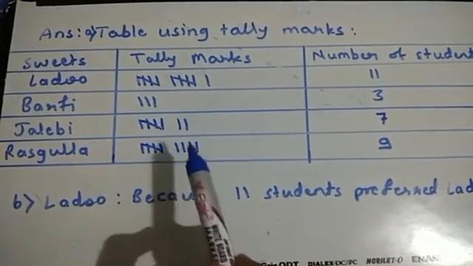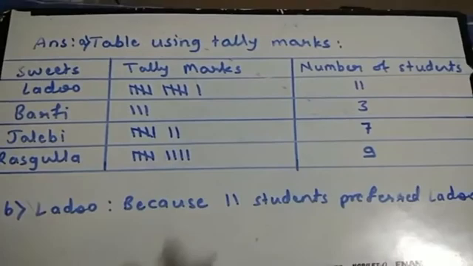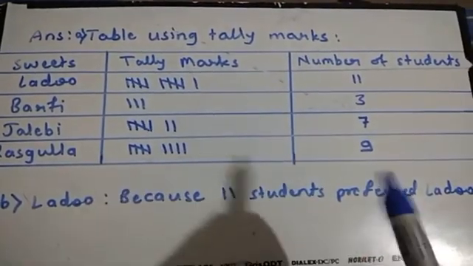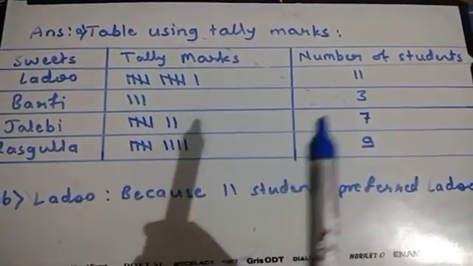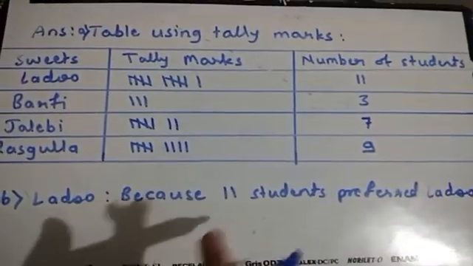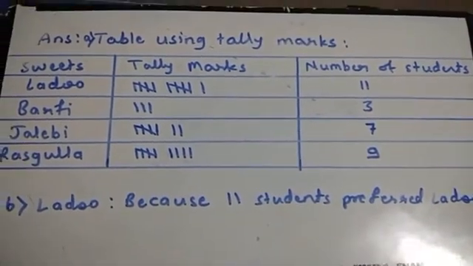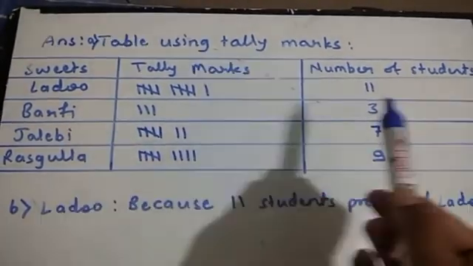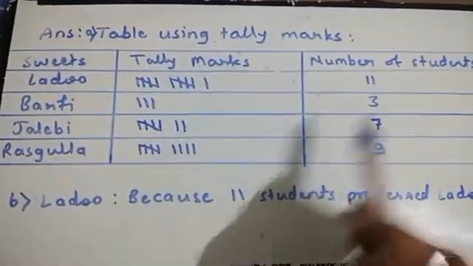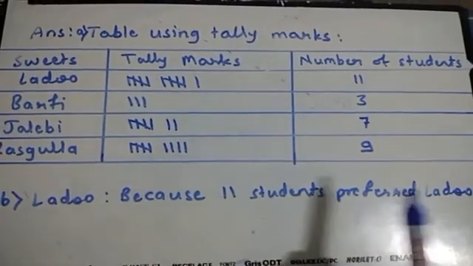Therefore 5 plus 4, 9. Therefore, in this way, we can represent this information which we can read easily. In this, one more question was asked, which sweet is liked by most of the students. So here we can see that laddu is liked by most of the students, right? Therefore, laddu, because 11 students liked laddu.